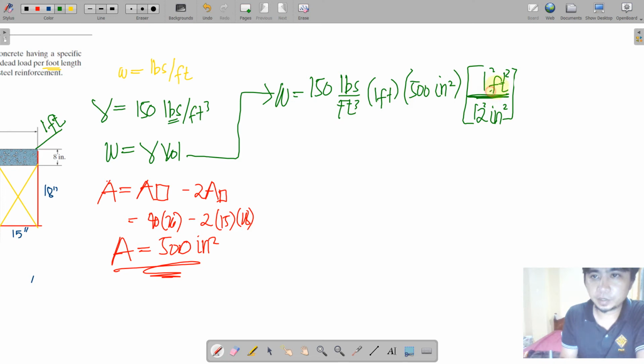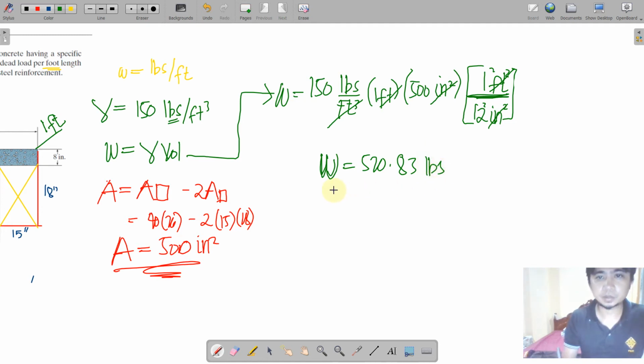Feet squared times feet, that is feet cubed, is cancelled. So the resulting unit is pounds. So finally we have a value of W equivalent to 520.83 pounds.